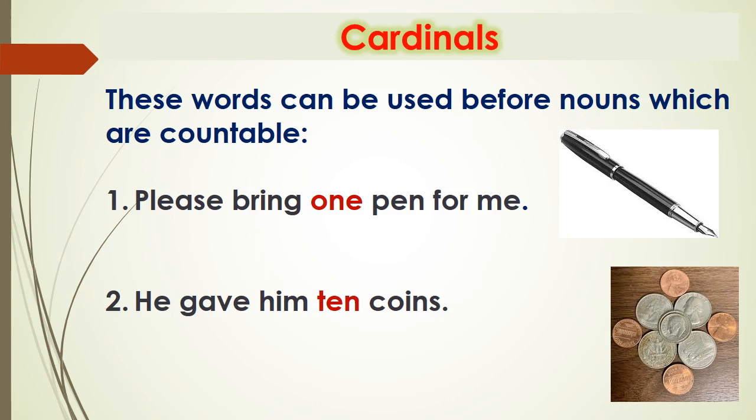Examples: please give me one pen, or please bring one pen for me. Here the word one is an example of a cardinal numeral. Next, he gave him 10 coins. So the word 10 is an example of a cardinal number.